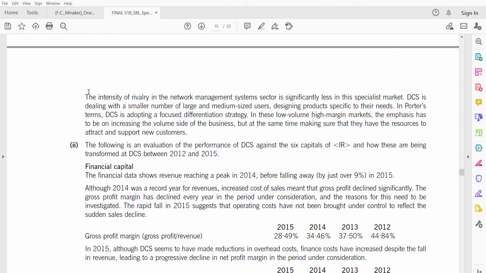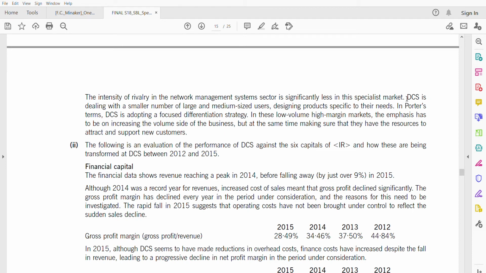And the intensity of the rivalry in the network management system, they're talking about the second product, sector is significantly less in the specialized market. Whenever it's a niche, a specialized market where not many suppliers are there, the intensity of rivalry will be less. So DCS is dealing with a small number of large and medium-sized users, designing products specific to their needs.